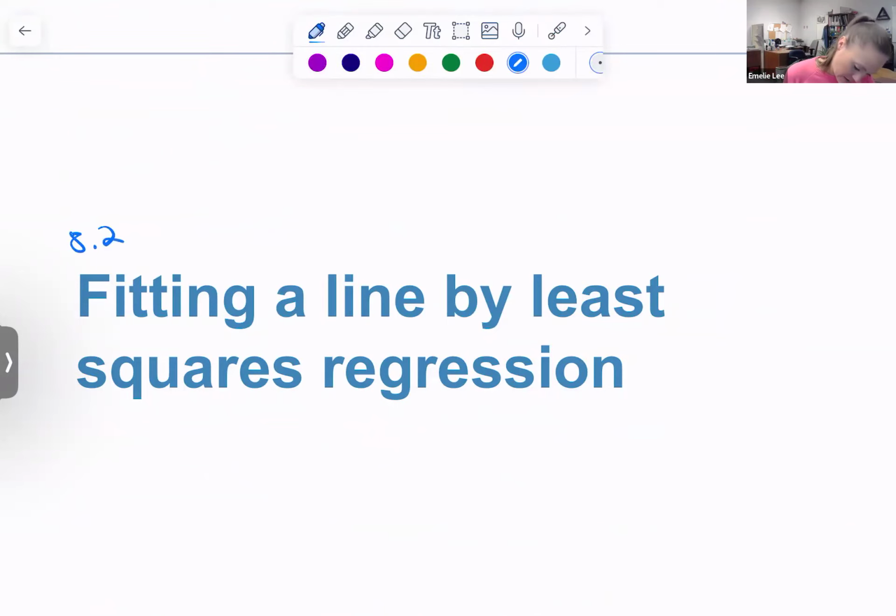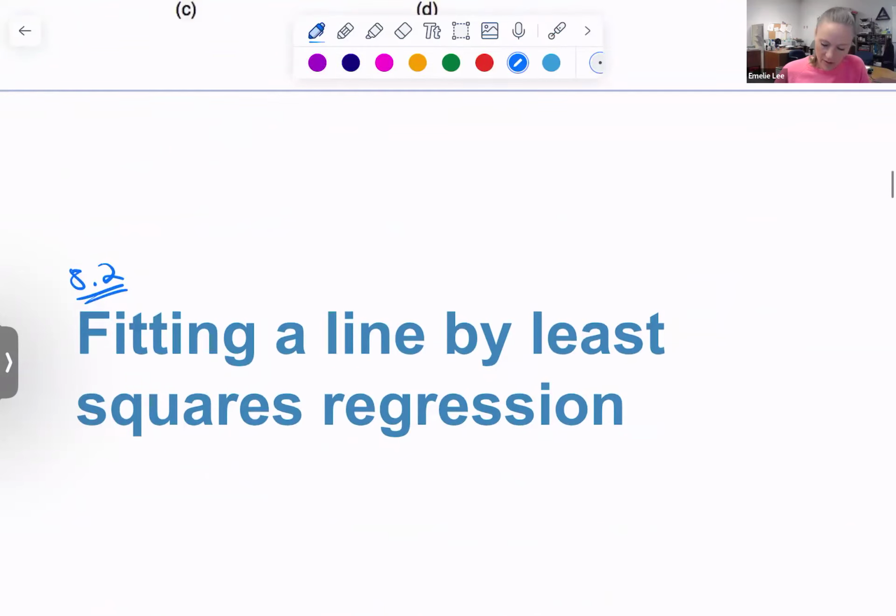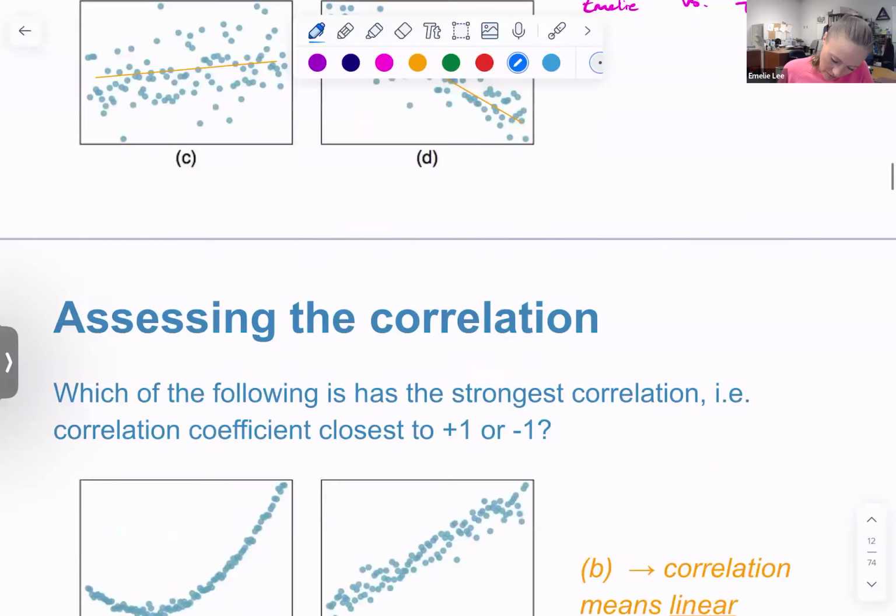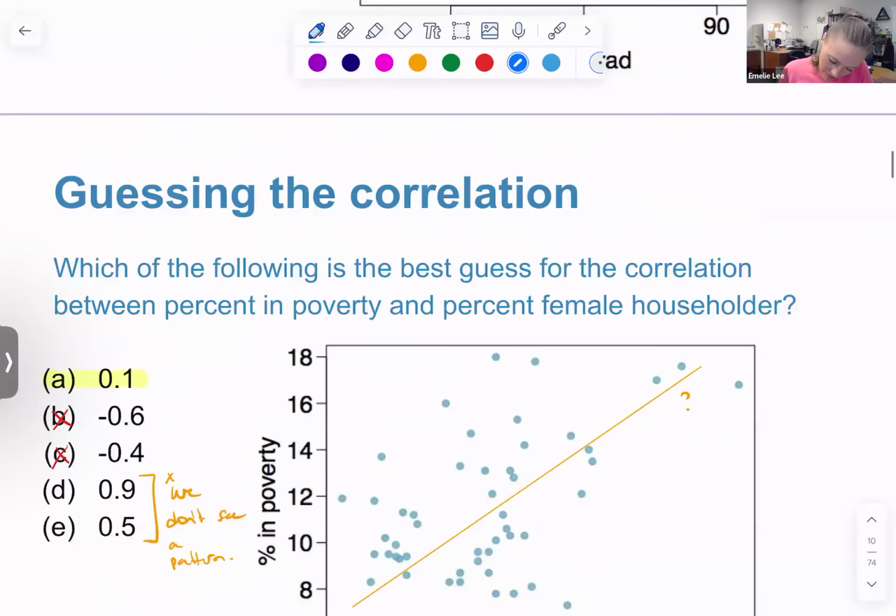This is section 8.2, and I'm realizing I didn't put the section, but obviously it was section 8.1 that we started in, just kind of introducing these concepts of, okay, if we have a scatter plot, there's a relationship there. Can we describe that relationship? And then can we have a numerical measure of the strength and the direction of the relationship?